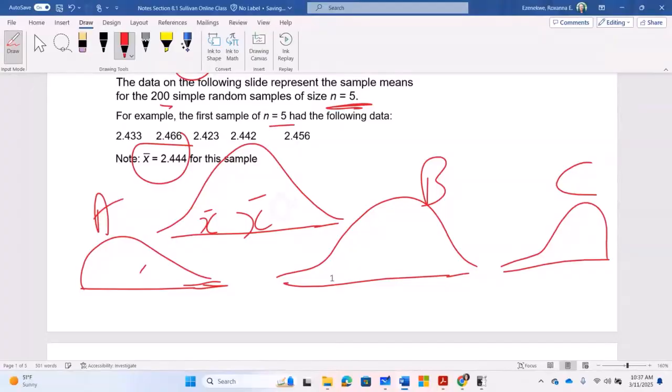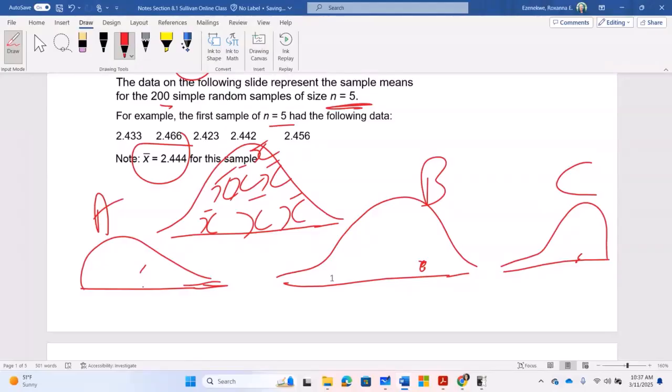The histogram of the mean of means must be normally distributed or bell-shaped, even if I got it from A, which is skewed right, or from B, which is normally distributed, or from C, which is skewed left. That is what the central limit theorem says.